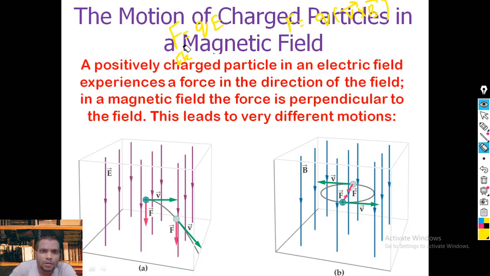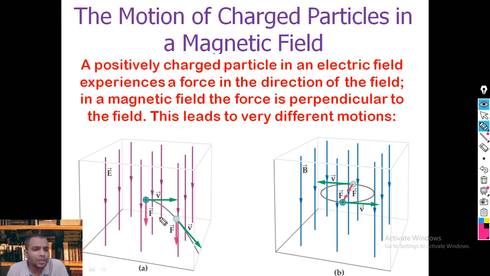Now the motion of a charged particle: if it is a positively charged particle in an electric field, the first case, it experiences a force, and that force is in the direction of the field.